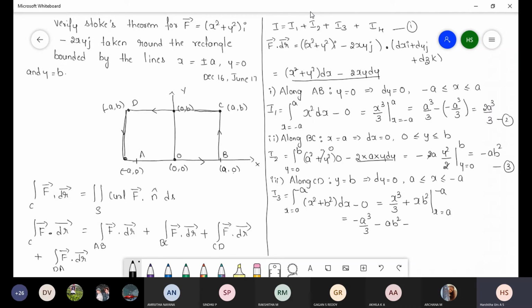Next, minus of the lower limit, a cube by 3 plus ab square. So we get minus 2a cube divided by 3 minus 2ab square. This is equation 4.